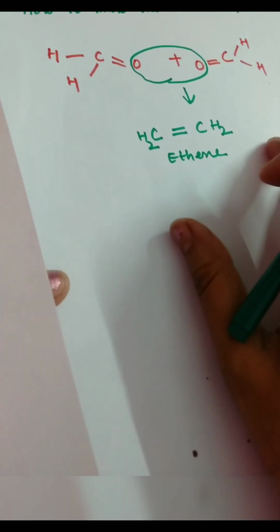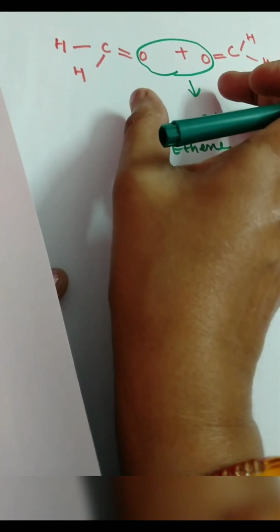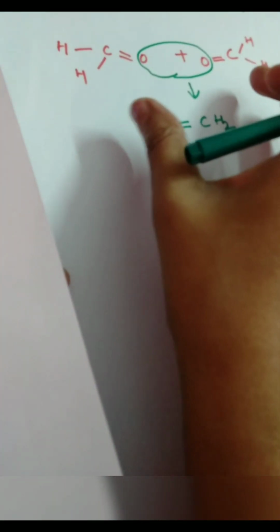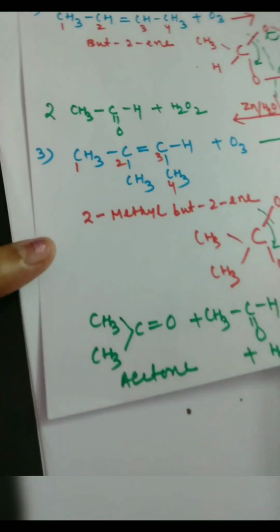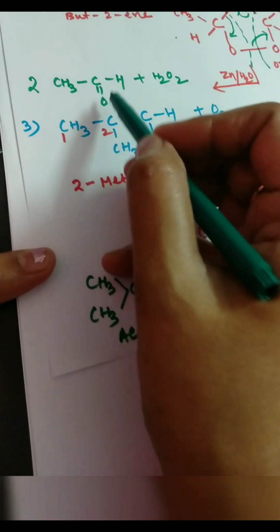So to know the reactant from the product molecules, you write the two carbonyl compounds with oxygens face to face, remove the O2 molecule, and join the two compounds by the carbon-carbon double bond.